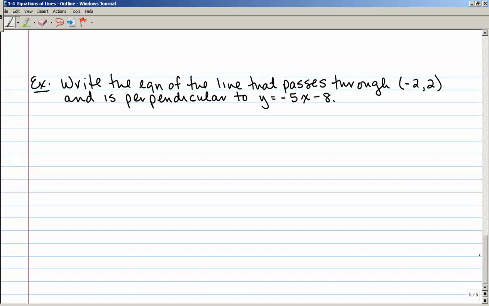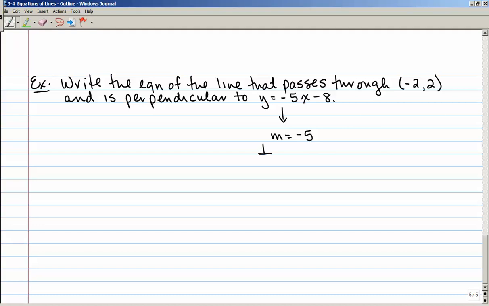And let's try our last example here. I need to write the equation of the line that passes through the point negative 2, 2, and is perpendicular to the line y equals negative 1/5 x minus 8. So the slope of this line is negative 1/5. But I'm not going to use that slope because that would give me a line parallel to this one.